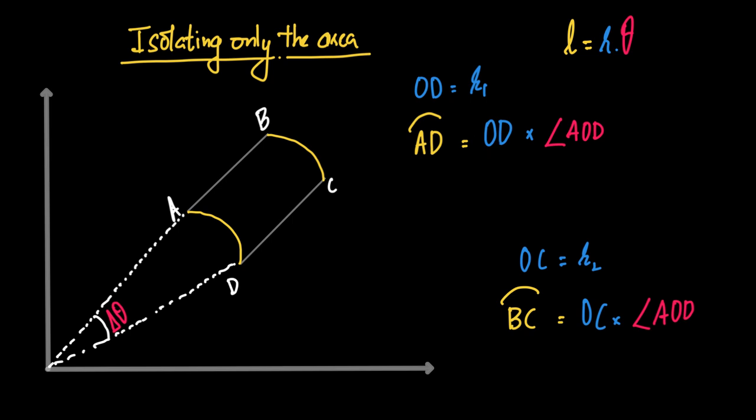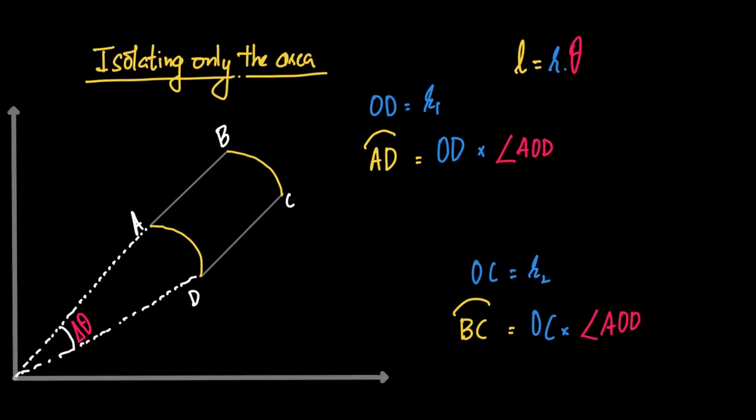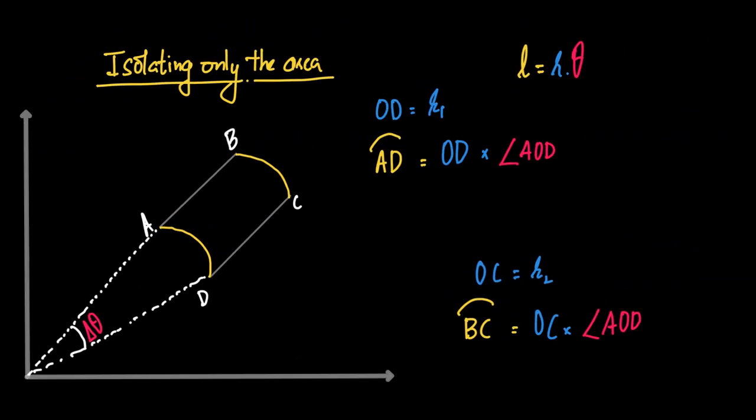We have written OD as R1 and OC as R2. Therefore, arc AD is equal to R1 into delta theta, and arc BC is equal to R2 into delta theta.